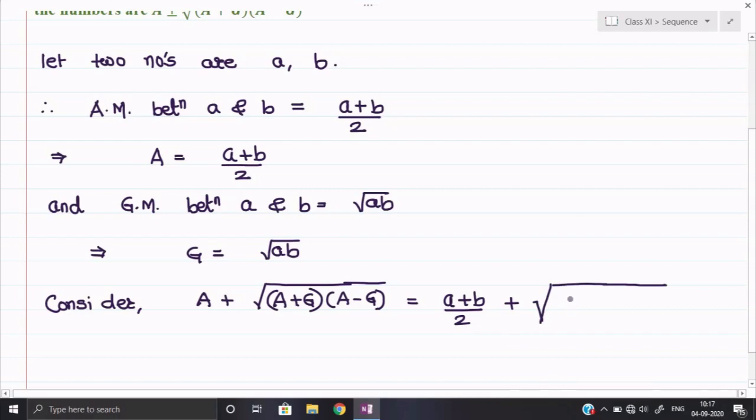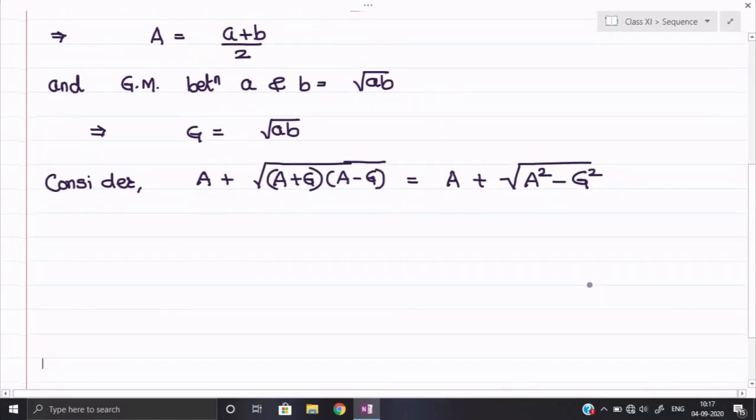So first of all, see A plus G, A minus G, we'll make one change over here. The values of A and G we can put in a little later. A I am keeping right now as it is. Plus under root of this, we can apply the formula (a plus b) into (a minus b), so it is A square minus G square. Now we can simplify in a better manner.